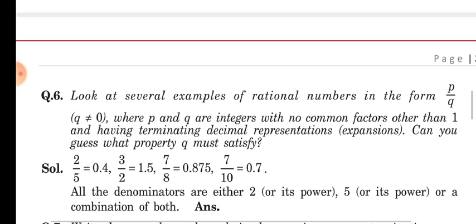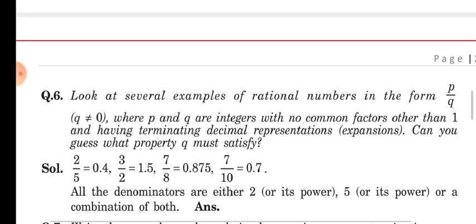Okay, see the solution. Suppose 2 by 5. If you divide 2 by 5, you will get 0.4, which is a terminating decimal. Let us take one more example. 3 by 2. If you divide, you will get 1.5, which is also a terminating decimal expansion. 7 by 8.